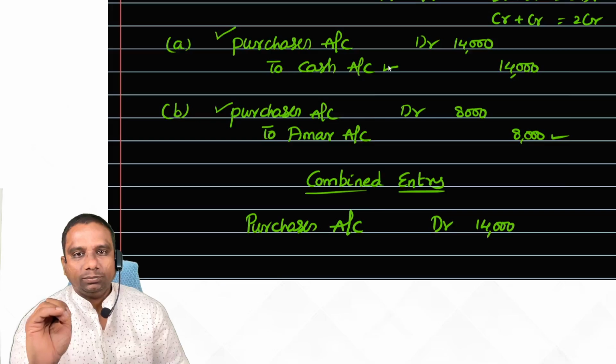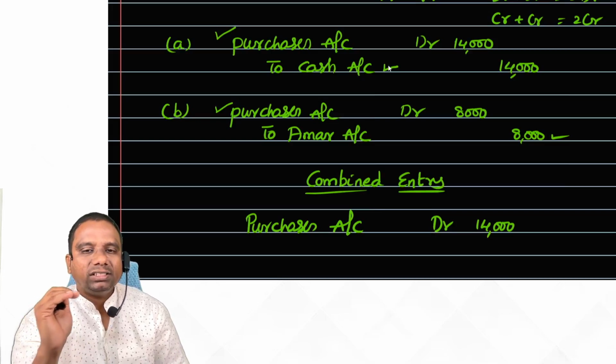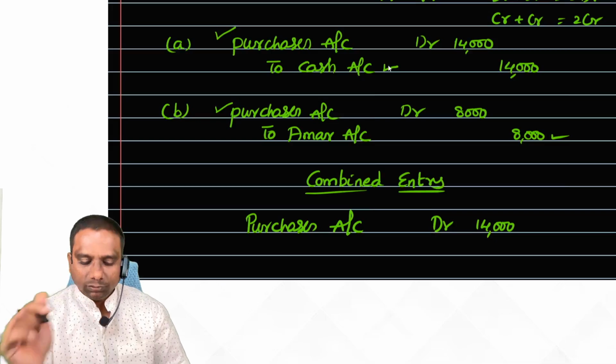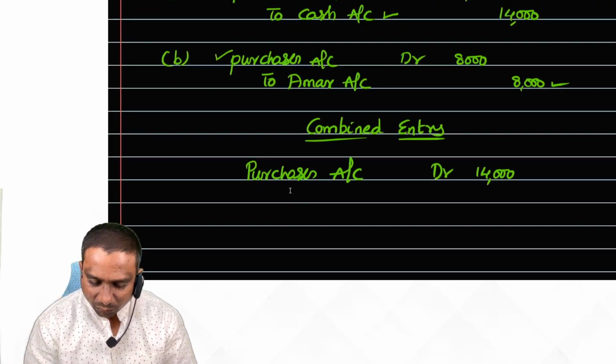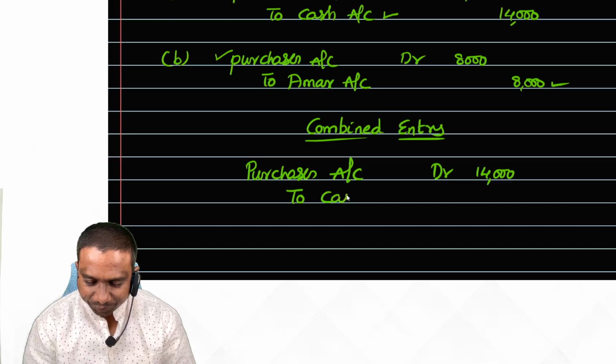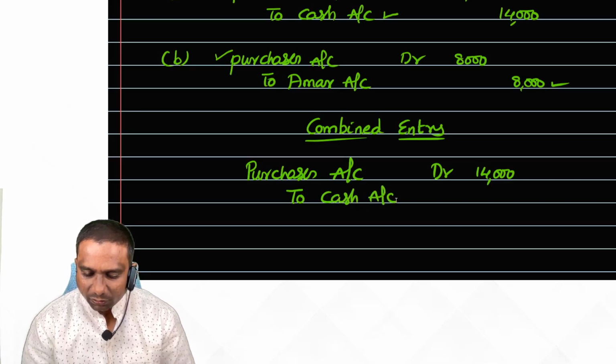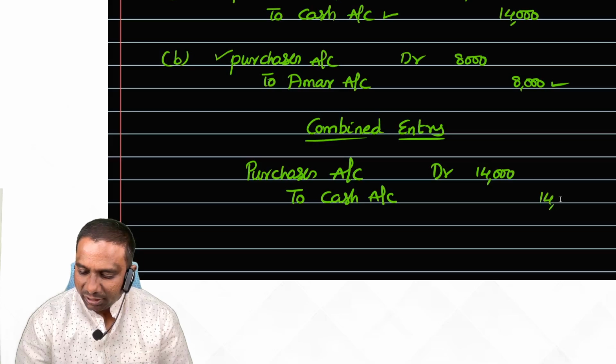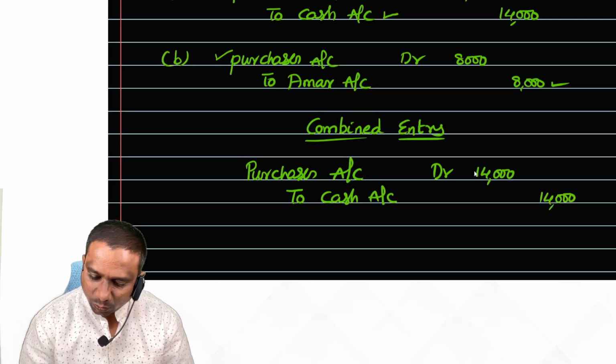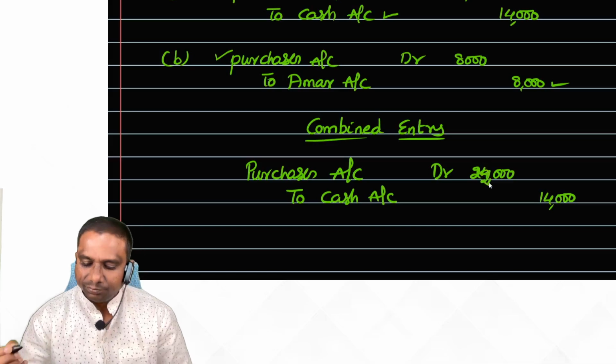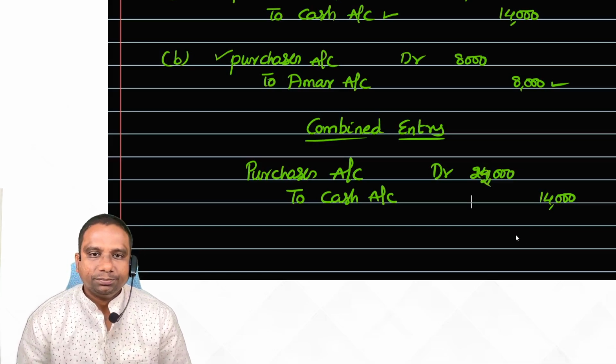Observe the second one. Do you have the same cash in the second entry? No, sir. So immediately write down to cash account. How much? Credit is 14,000. Your total is 22,000.